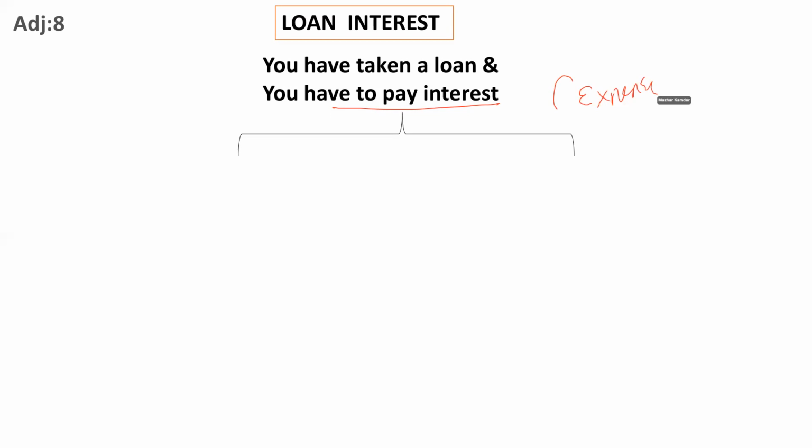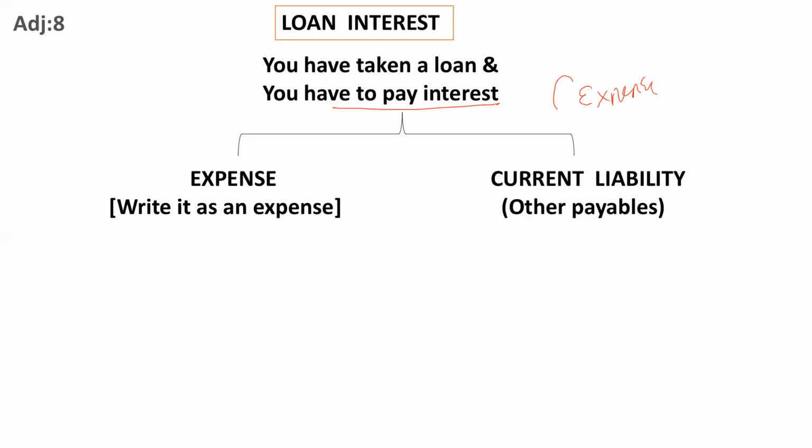So the first effect of loan interest is to write it as an expense. The next effect of loan interest is, in case you have not paid it, you have to pay it, so it will be shown as a current liability under the heading other payables.